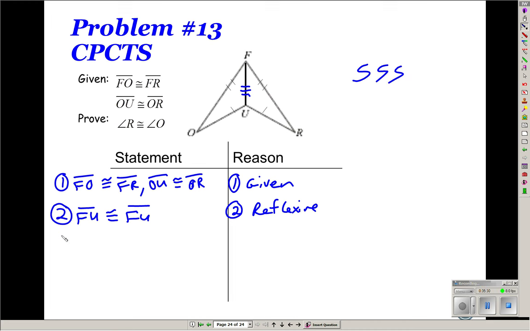We have SSS. So the triangles are congruent. The left-hand triangle is triangle OUF, and the right-hand triangle, let's see, O matches R, U matches U, F matches F, and I have SSS. That's why those triangles are congruent.